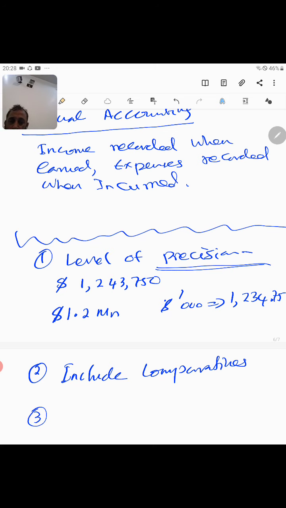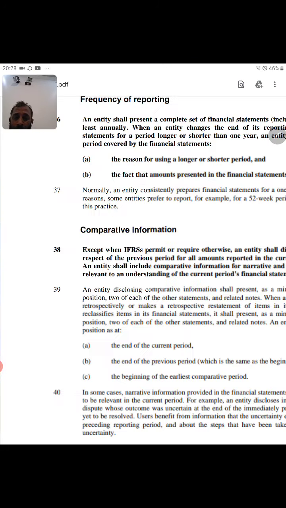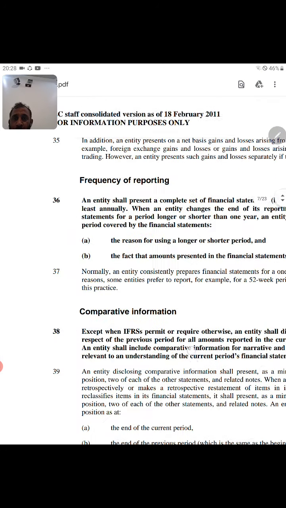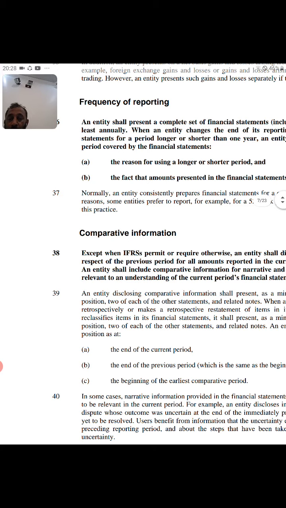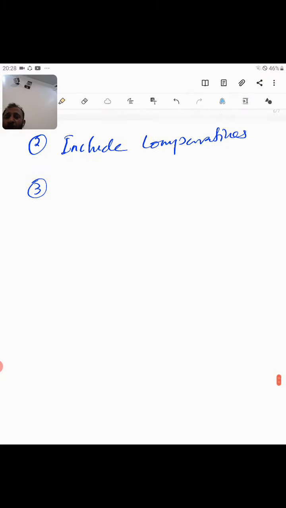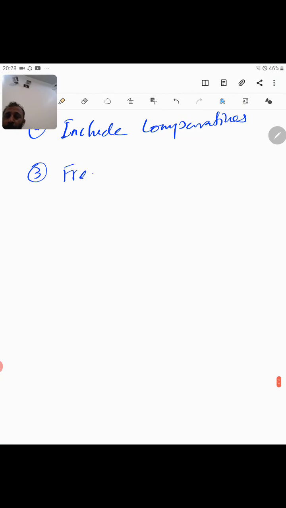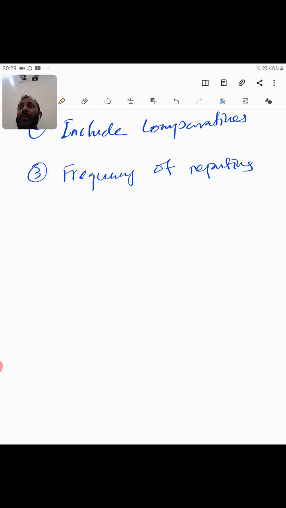And the third matter is the frequency of reporting, whether monthly, quarterly, biannually or annually. Usually we prepare annual financial statements on an annual basis. So that frequency you have to state.